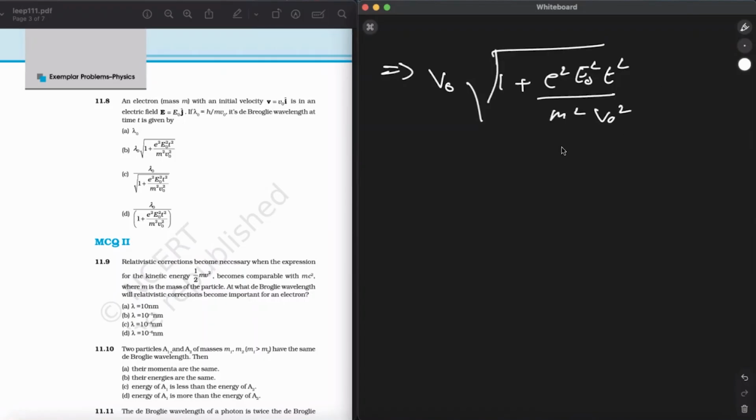The de Broglie wavelength was initially lambda equals h upon m v.